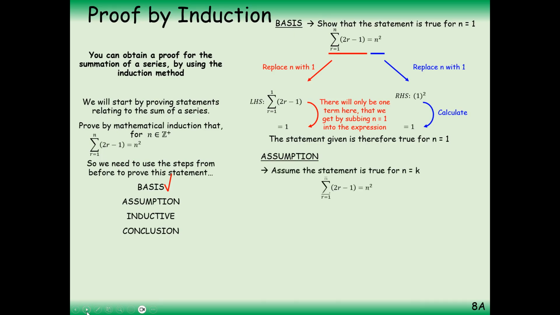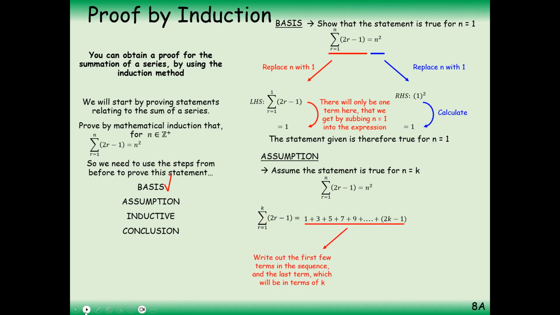That means the sum of odd numbers up to 2k minus 1 is going to be k squared. So you're matching this left hand side. Every time, we will use this assumption in the next step, the inductive step.